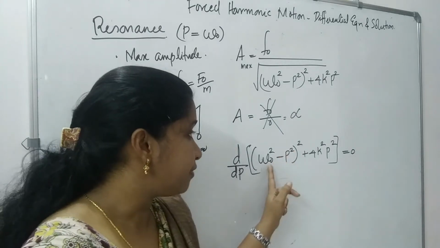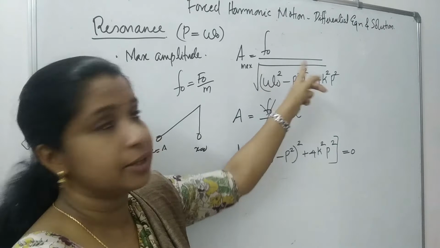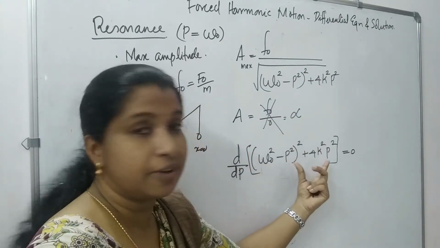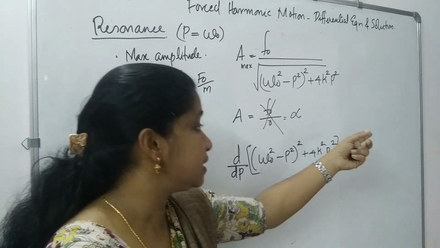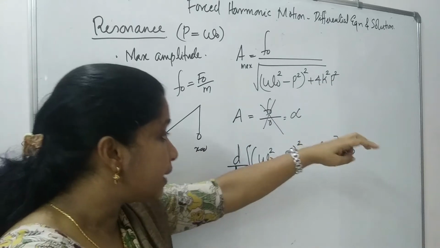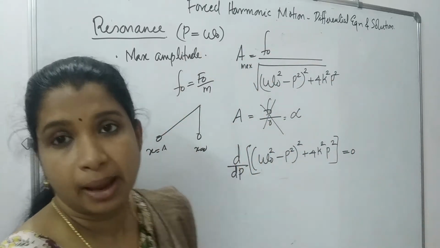Here we find the minimum value of this function. That's why we neglect that square root. So d by dp of this function equal to 0 gives the minimum value of the denominator, and under this condition the body oscillates with maximum amplitude.